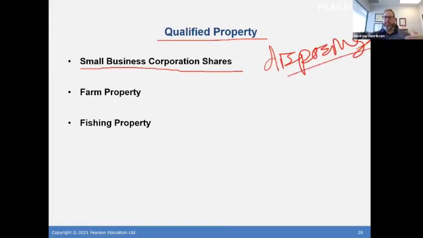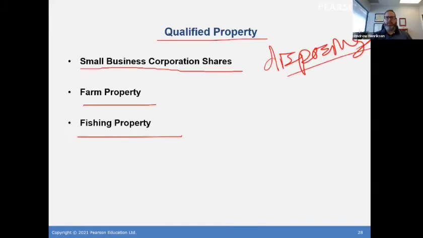With the ABIL or the business investment loss, we were disposing of the small business shares at a loss. Here, we're talking about disposing of things at a profit to create a capital gain, and we're looking for an exemption so we don't have to pay tax on that. First off, they need to be classified as SBC shares, farm property, or fishing property. Those are the three that will get this treatment.